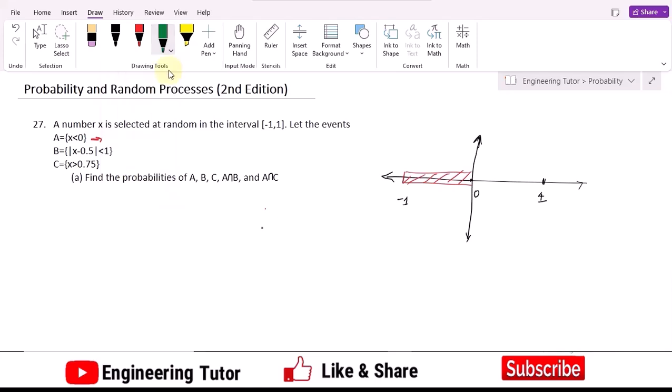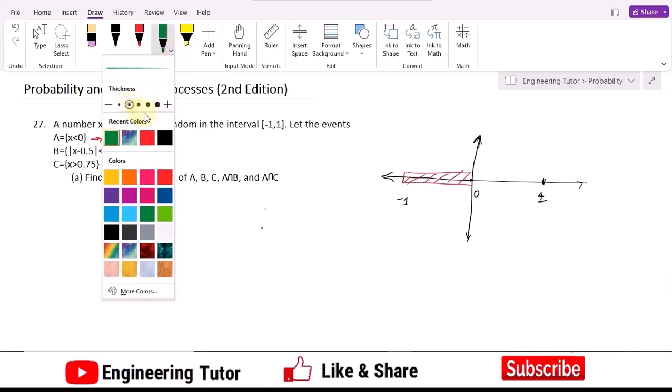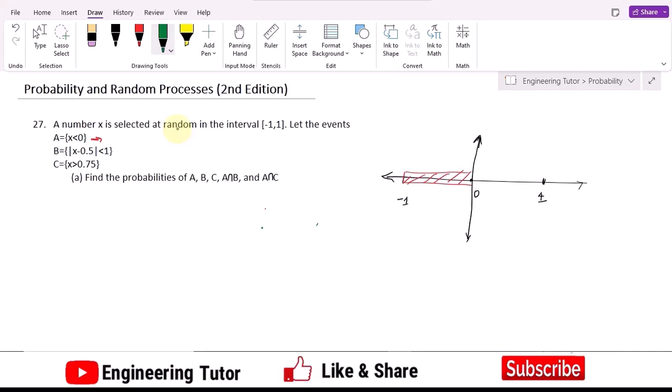I am representing it with this green color. So what about the others?